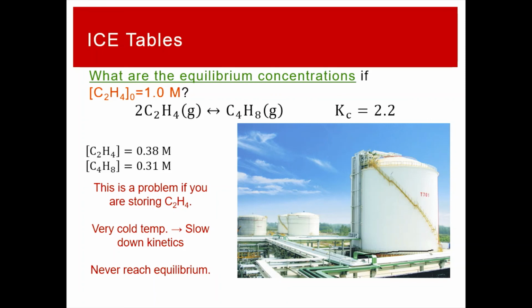The collisions will never have a high enough energy. So the idea is to make it so cold that the reaction takes years to reach equilibrium. That's generally the strategy, because this would be a big problem. This is a common problem whenever you're working with C2H4, that it will react and become C4H8.